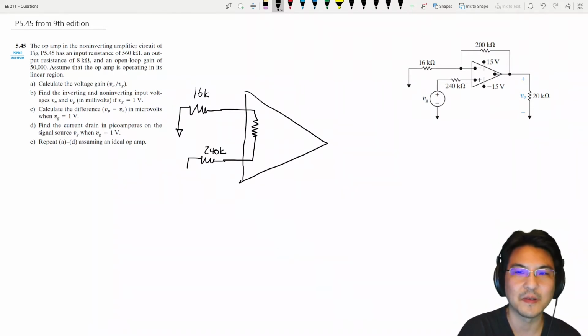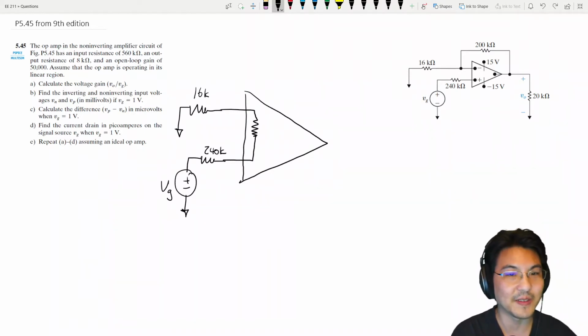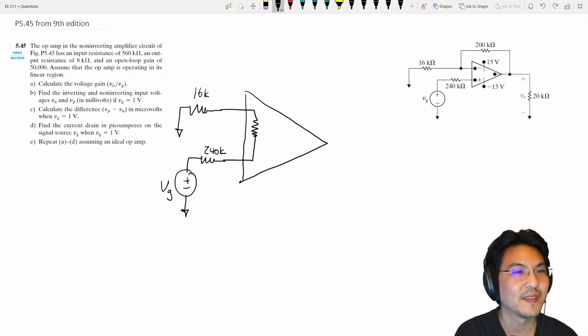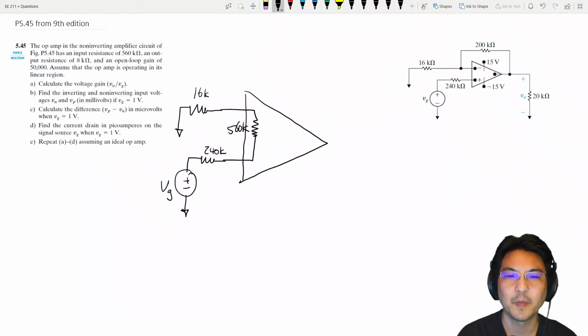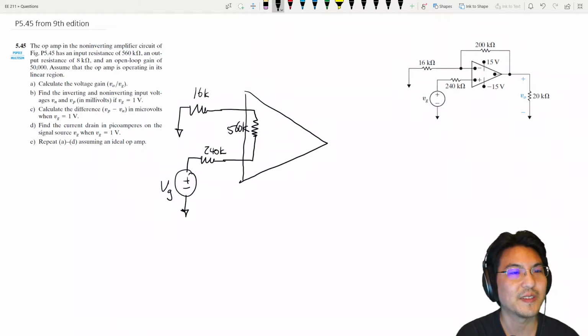And then that goes to this input. All right. So this is the input resistance, which it said is here, 560K. All right. And then there's an output resistance and an open loop gain.